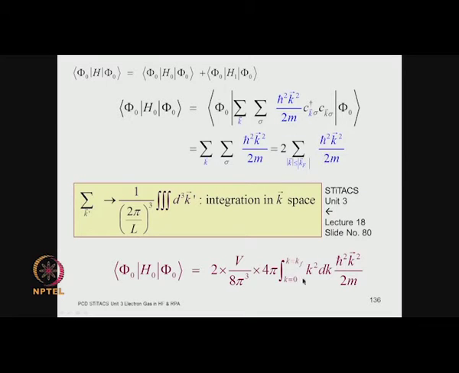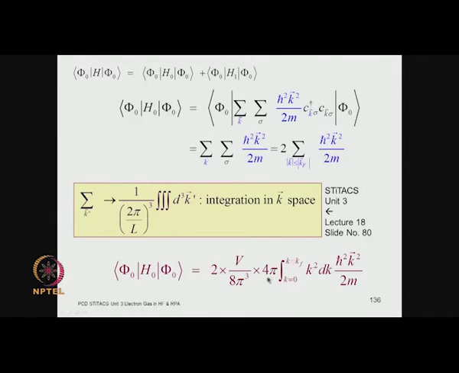This integration in the momentum space will have integration over the angles in the reciprocal space, but you will have the sine theta d theta d phi type of term in the volume element, which you integrate over all the angles of theta and phi in the reciprocal space, will give you a factor of 4 pi, which is here, and then you have to carry out integration over k, which goes from 0 to the value of k at the Fermi surface, because here we know that the summation must be restricted to values of k less than or equal to the value of k at the Fermi surface, right.